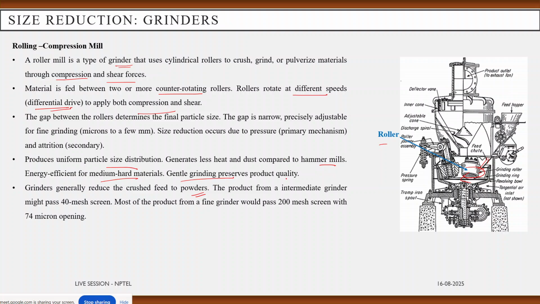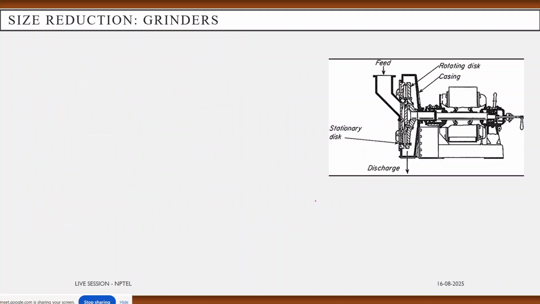The product from the intermediate grinder might pass a 40 mesh screen, whereas most of the product from a fine grinder would pass through a 200 mesh screen with 74 micron opening. The rollers in the rolling compressing mill will rotate on a stationary axis, which may be vertical or horizontal. So next we will discuss the attrition mill.